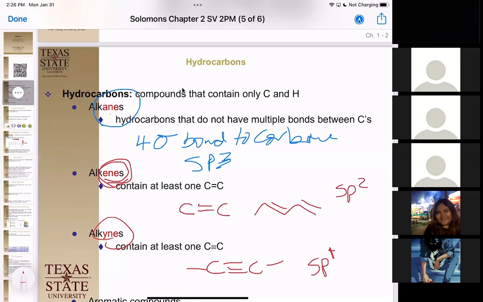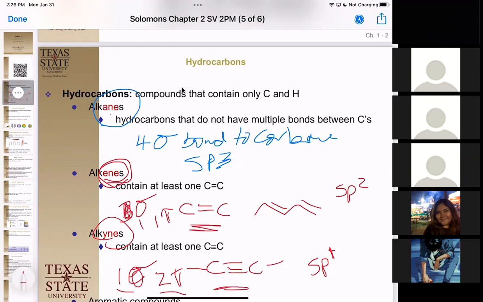Sometimes I say sp1 because only one of the p's is involved, just to make sure that you know there's 2 p's that are doing 2 pi orbitals. So you have 1 sigma and 2 pi's. Oh, sorry, 1 sigma and 1 pi between the carbons for the double bond, and 1 sigma and 2 pi's between the carbons for the triple bond.